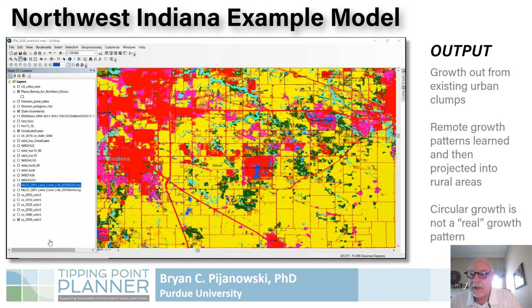So a lot of them are like round circle blobs. You just have to interpret those in the future as kind of square or maybe rectangular shapes. The model is not able to handle the shape parameter for growth at the moment.